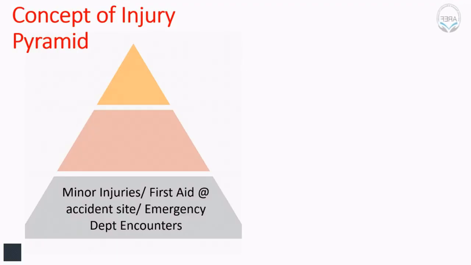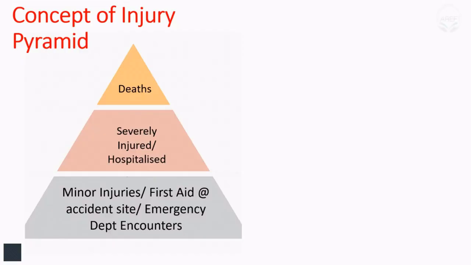Then the second category is the severely injured, who require hospitalization. And one category ends up with death. So these are the three major categories which may happen out of any mechanism of injury.